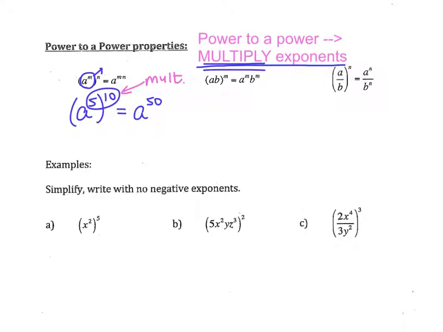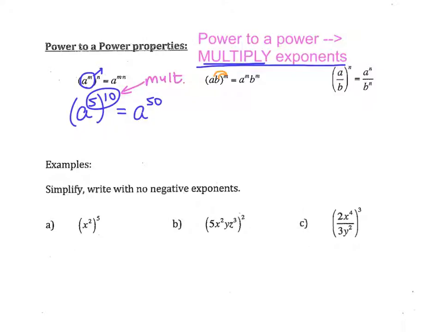Now, also, this encompasses the problems where you have a quantity in parentheses that's raised to a power where there's more than one thing inside. So on this problem here, you have a quantity AB that's being raised to an exponent. In that case, the exponent applies to both parts inside.